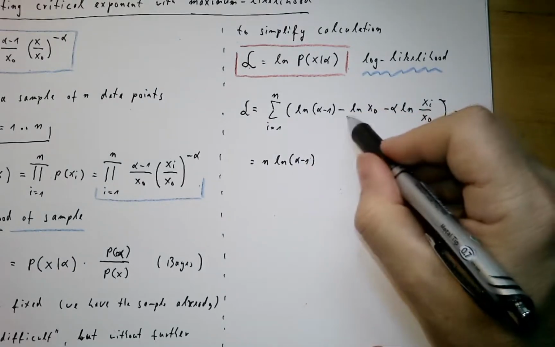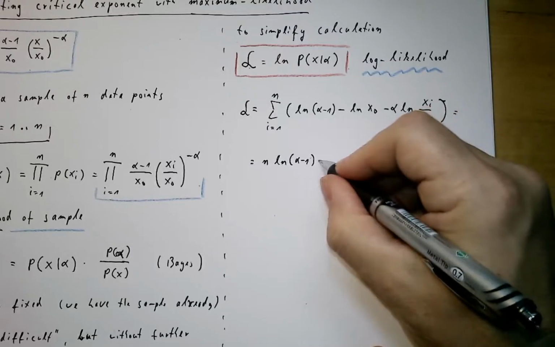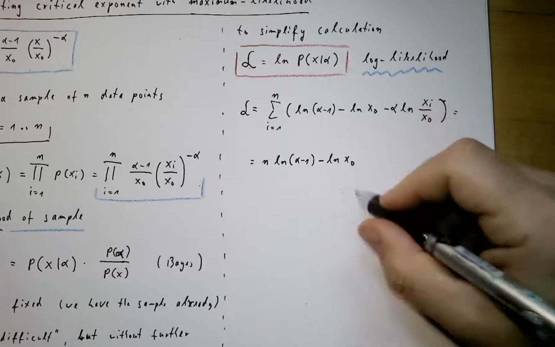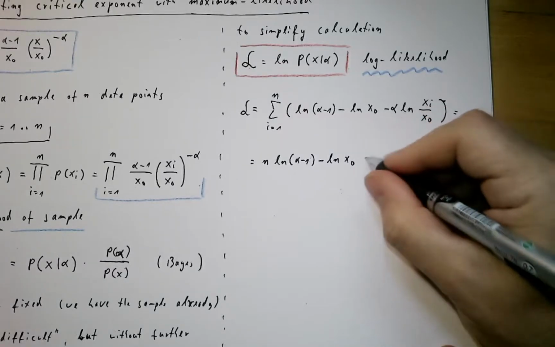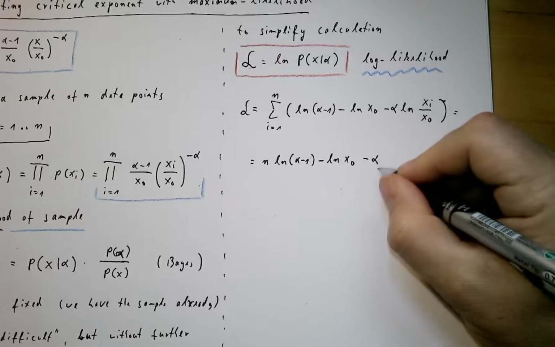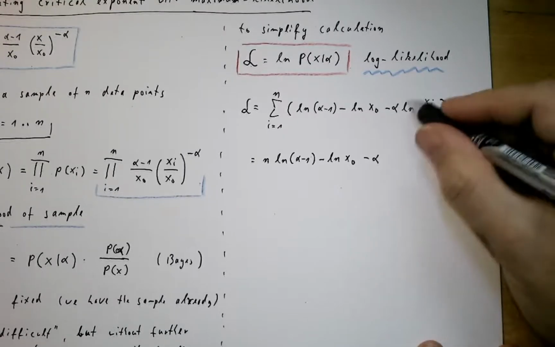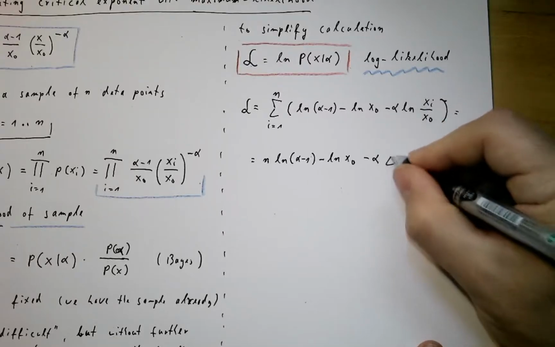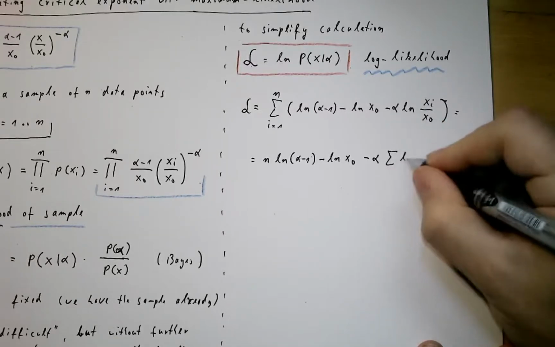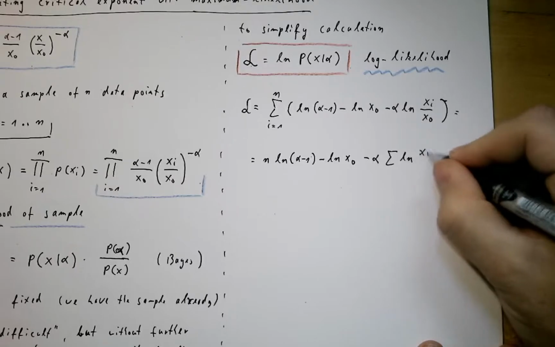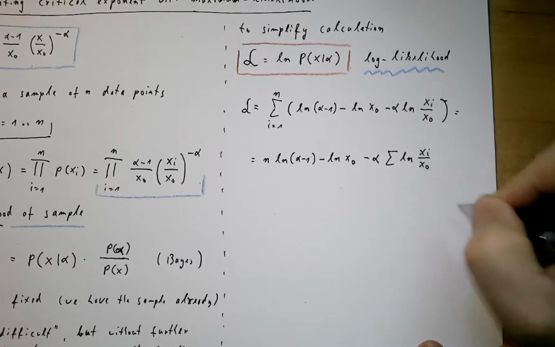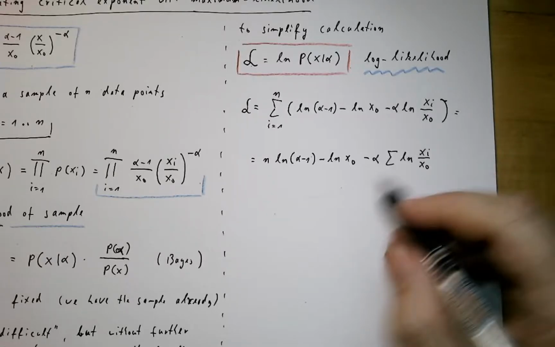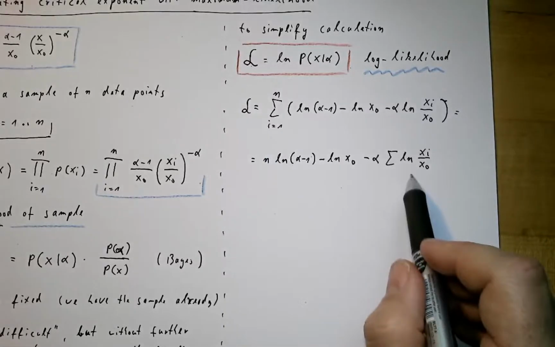And then here again we have n times the logarithm of x naught, and then minus alpha times the sum of the logarithms of these ratios x_i over x naught. And so that's the log likelihood.